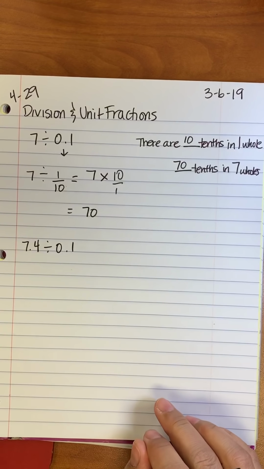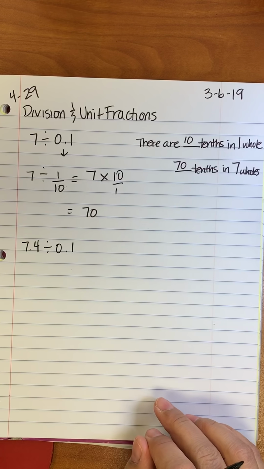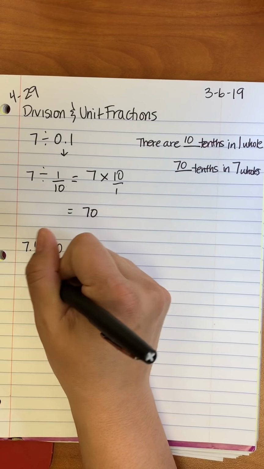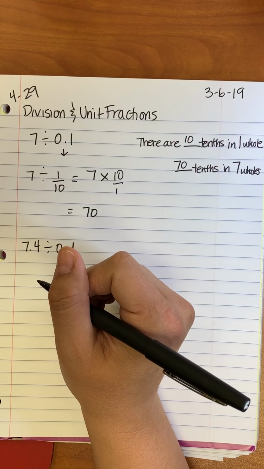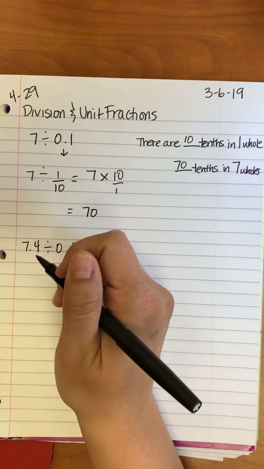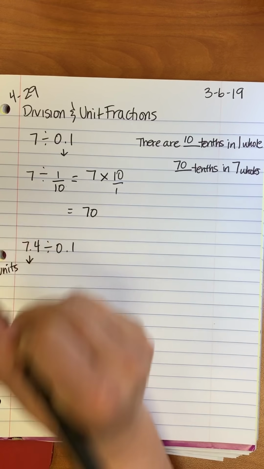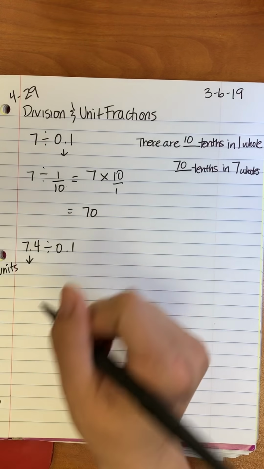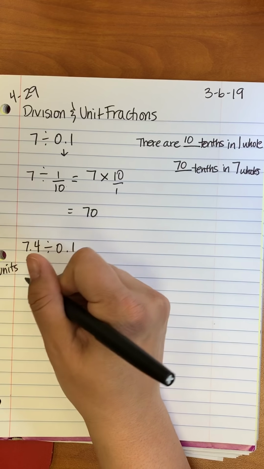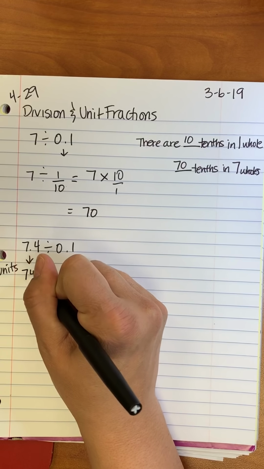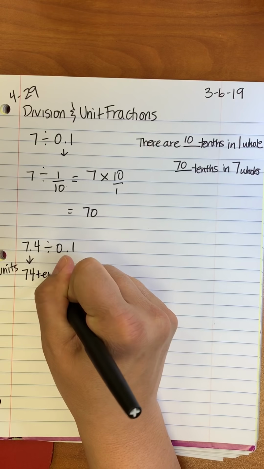If we do 7.4 divided by 1/10, we'll do the same thing. We are going to do, actually, not the same thing. We're going to change this to units. So 7.4 is the same thing as 74 tenths.